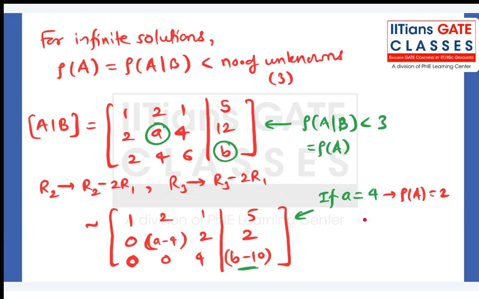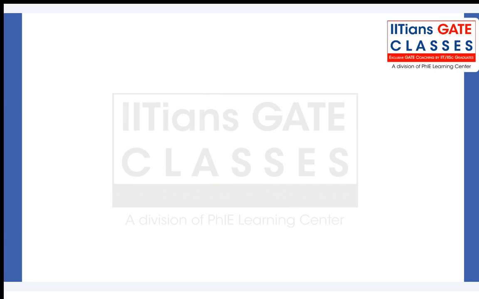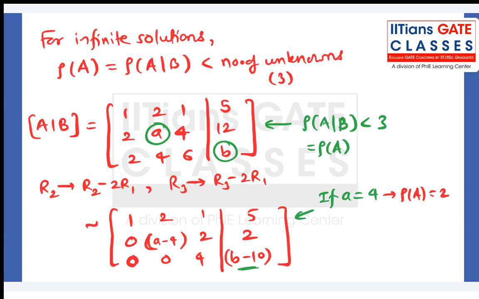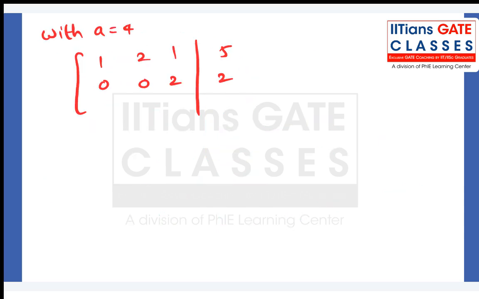So let's take A equal to 4. In that case, with A equal to 4, you have 1, 2, 1, 5, 0, 0, 2, and this side also 2, if I'm not wrong. Yeah. Then you have 0, 0, 4, B minus 10.